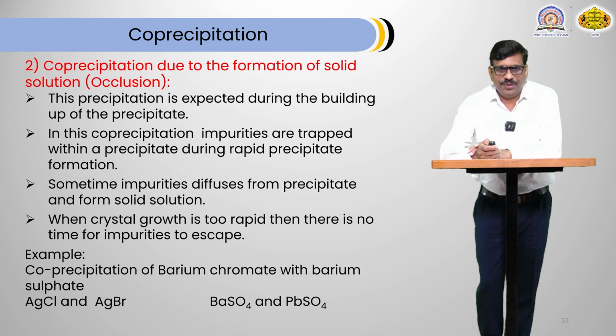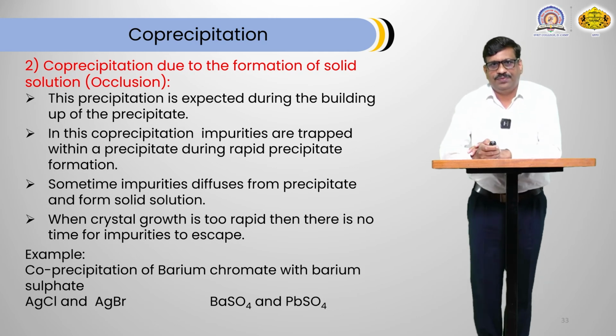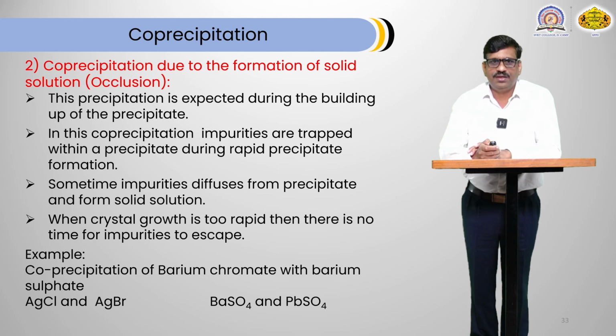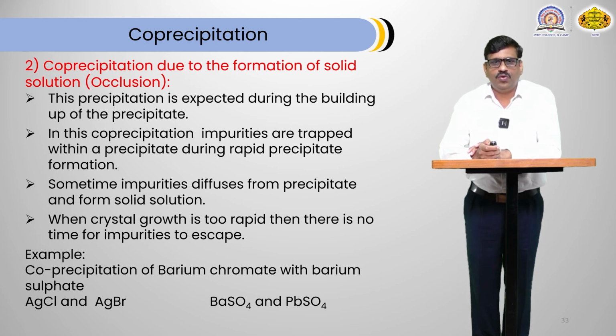Another type of co-precipitation is co-precipitation due to formation of solid solution. It is also called occlusion. This precipitation is expected during building up of the precipitate. In this type of co-precipitation, impurities are trapped within the precipitate during rapid formation of that precipitate.